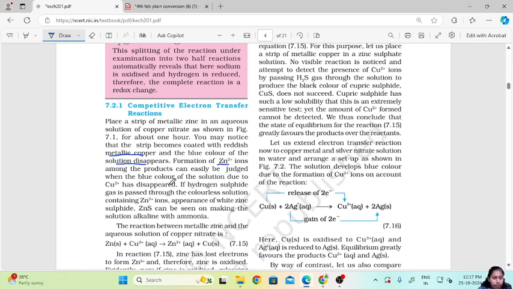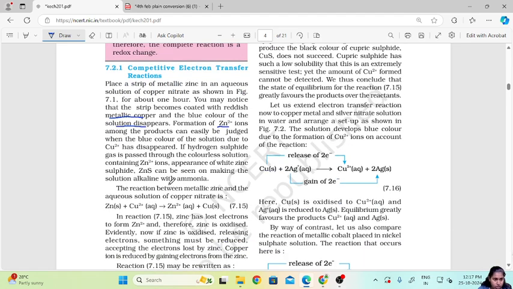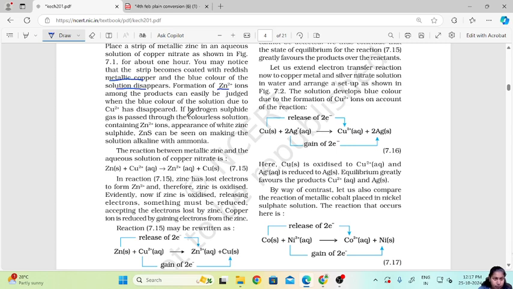If hydrogen sulfide gas is passed through the colorless solution containing Zn2+ ions, white zinc sulfide, ZnS, can be seen on making the solution alkaline with ammonia. So to confirm the production of Zn2+ ions, we pass hydrogen sulfide gas in the colorless clear solution and see the formation of zinc sulfide.